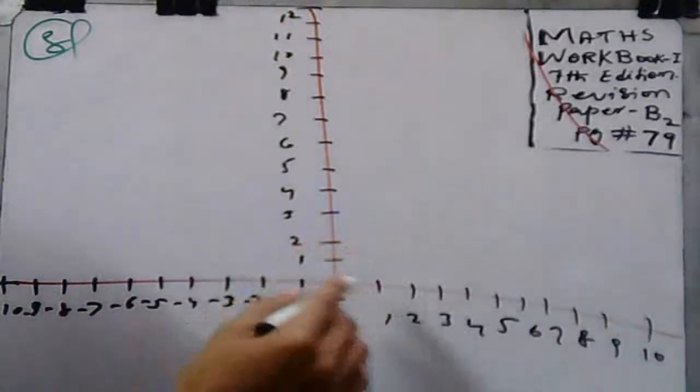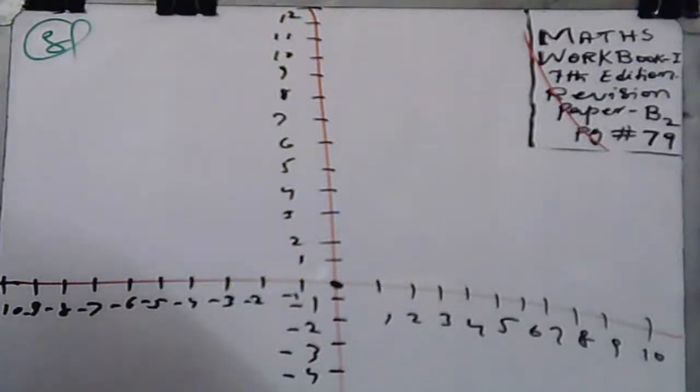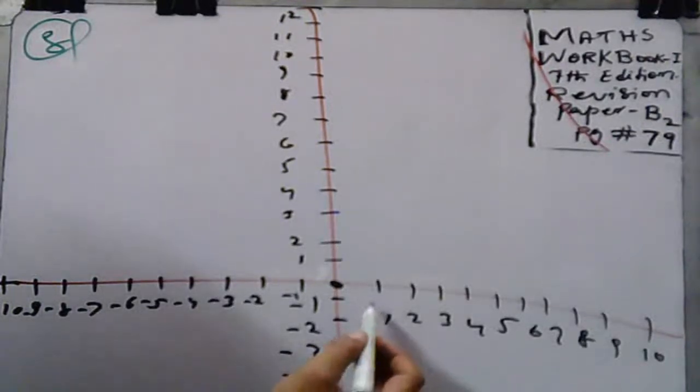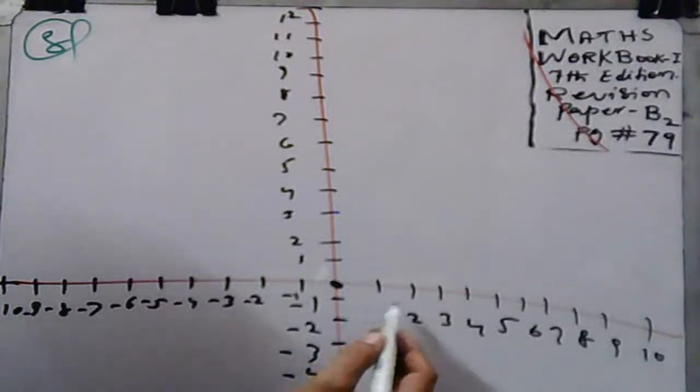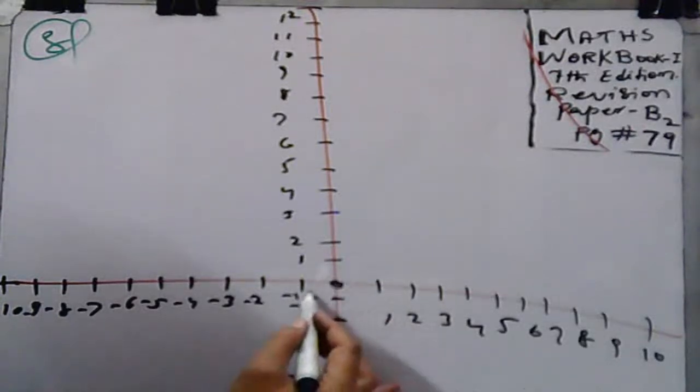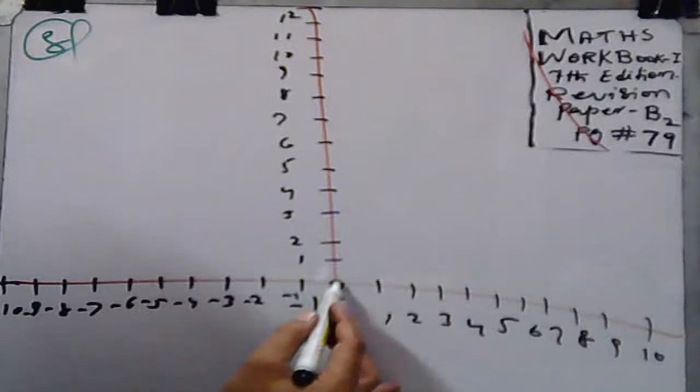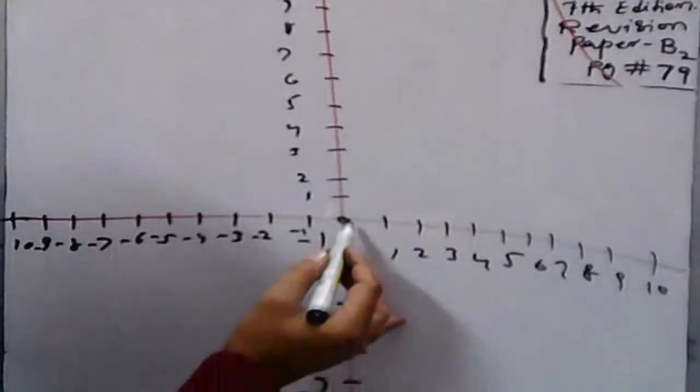Now with the help of the values given by the equations, we can say that the first point is, in the graph, if you put the first equation, 0 minus 1, so that is the first given point: 0 and minus 1.